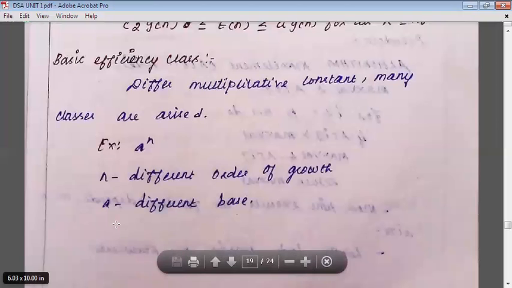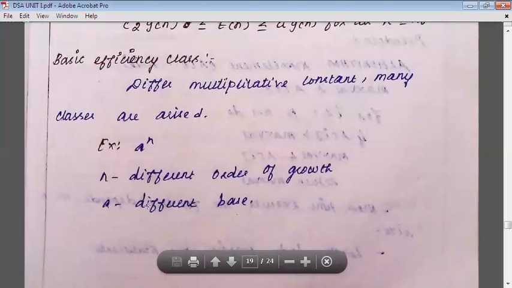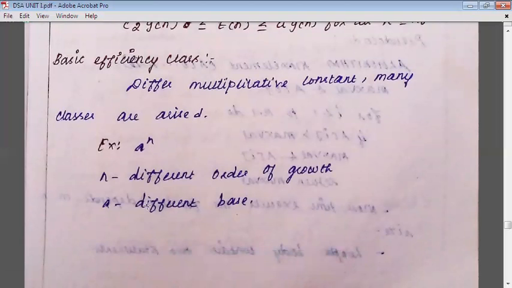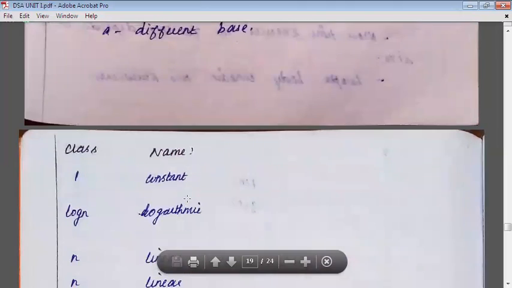So binary is 2 to the n, decimal is 10 to the n, octal is 8 to the power n and hexadecimal is 16 to the power n. So n gives a different order of growth.